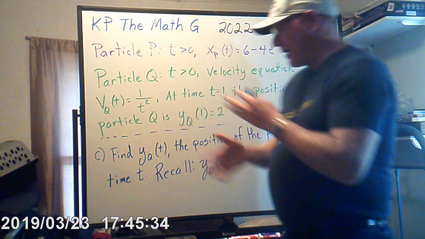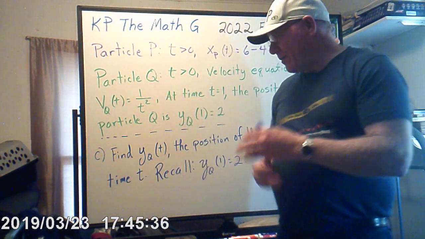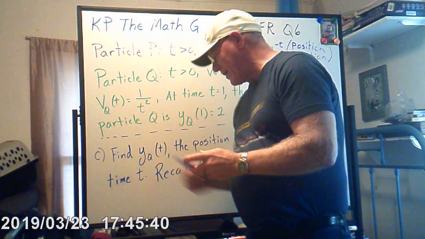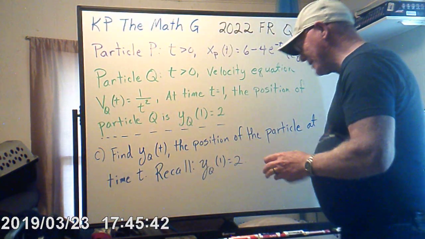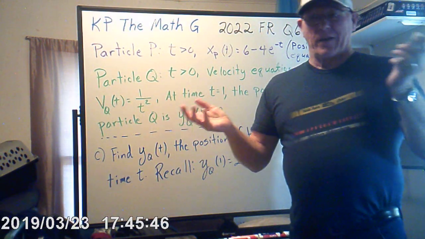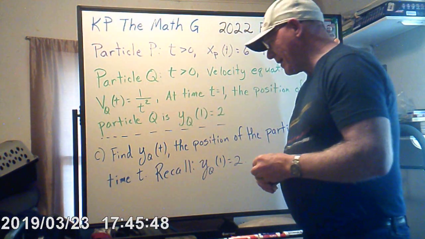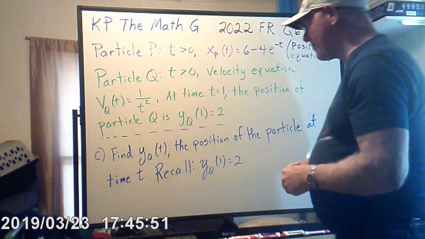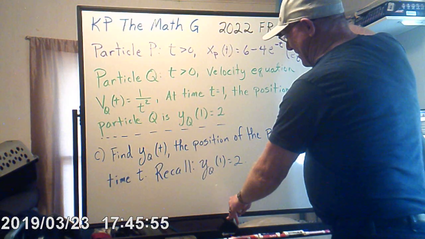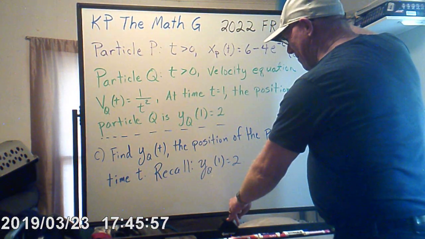How do we change a velocity equation to a position equation? That's right. If you said take the antiderivative, that is exactly right. So let's turn over. I am going to have part D written down, so we're just going to have to ignore that for now.